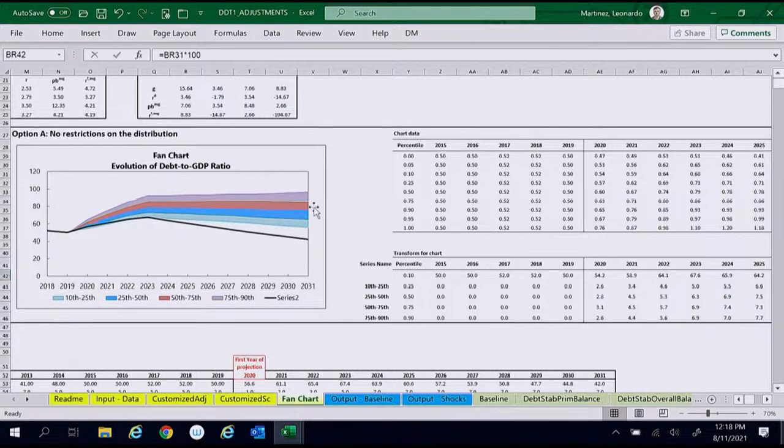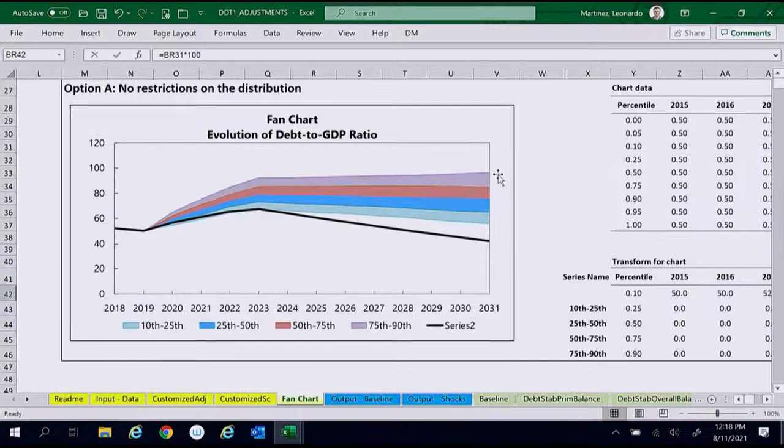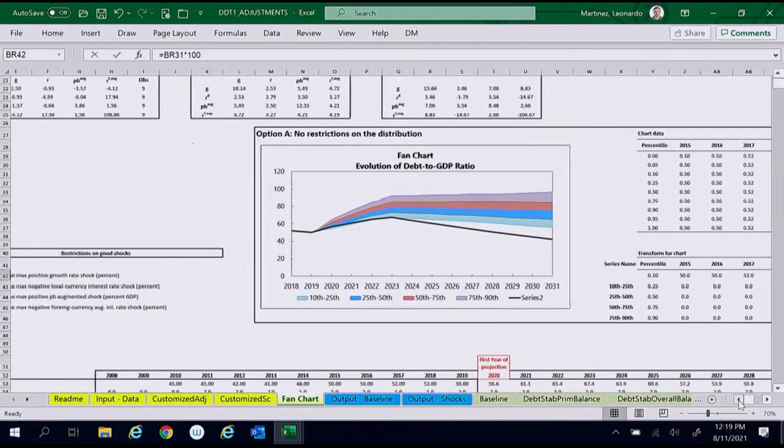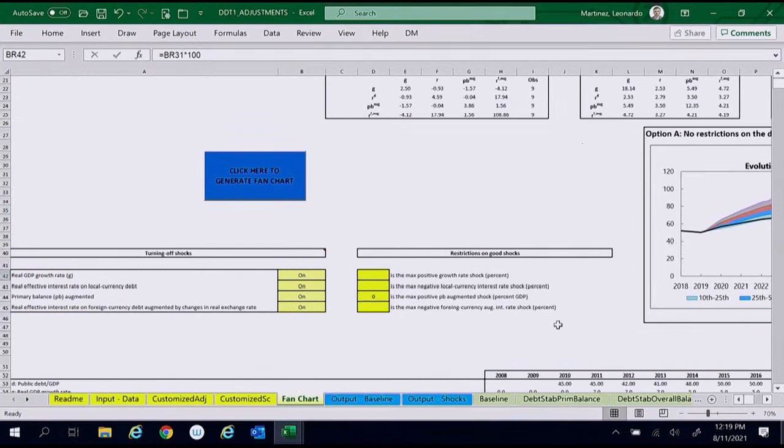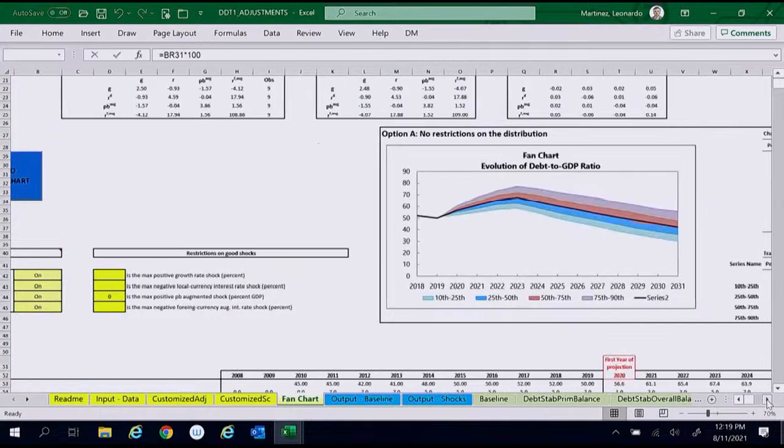We can see that the symmetric fan chart is not centered around the baseline scenario in the black line. This happens because we have not yet generated the fan chart using Macroland's data. To generate the fan chart with Macroland's data, we must simply click the blue button in this worksheet.